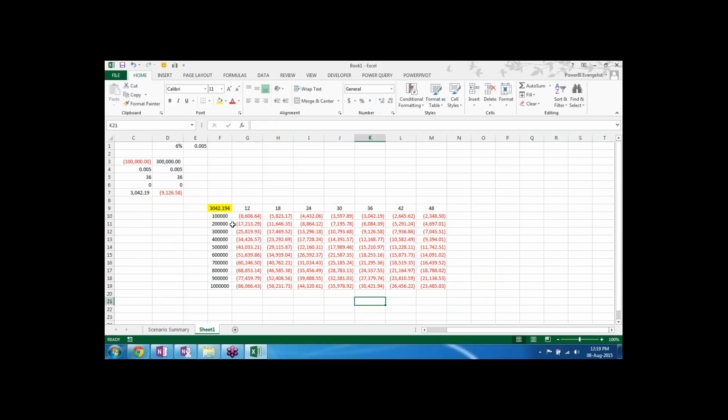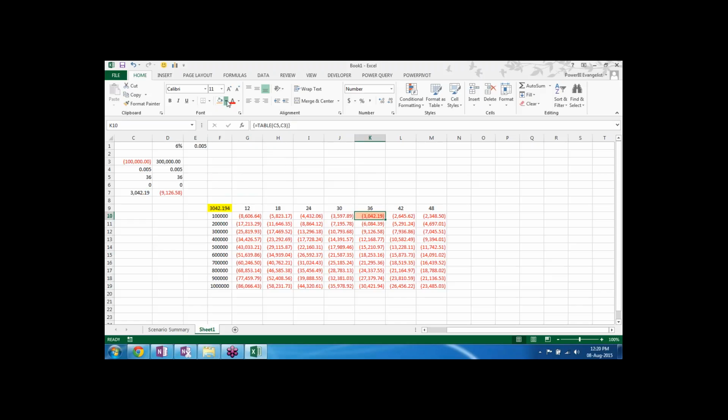You can see that if you say 36 months and 1 lakh, this is the output. If you highlight this one, you can see that all your outputs are absolutely perfect.